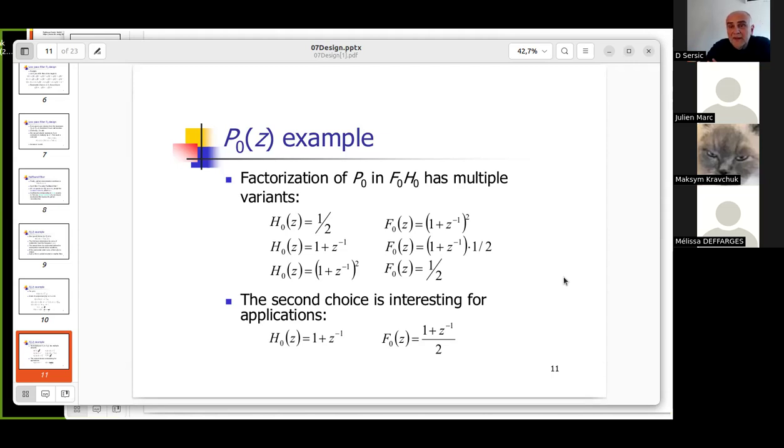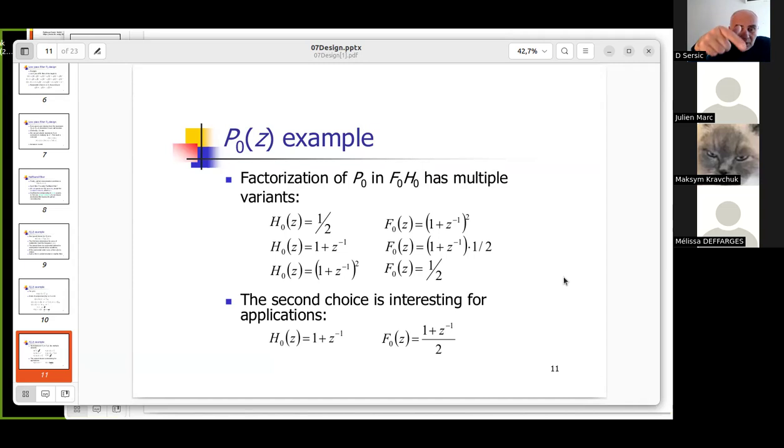Maybe we can even take a square root, so we can split it in two parts and associate it with analysis and synthesis filter. Or one more degenerate case is the third row, where you put 1/2 on the reconstruction side. So the second choice is, of course, interesting for applications.